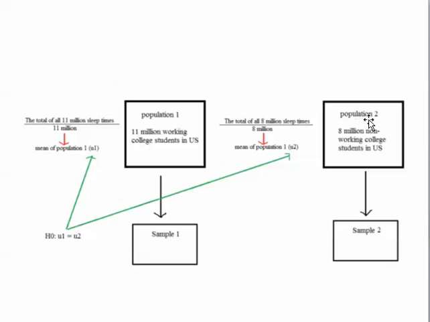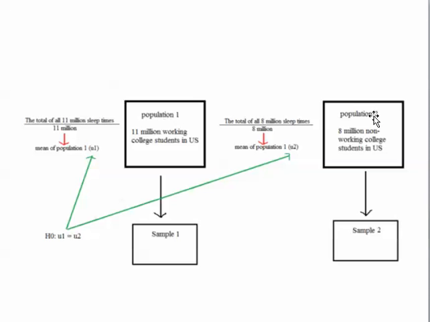To get the mean of population 2, the researcher would have to collect data from 8 million people. And it's very hard to collect data from that many people. And even if all of this data could be collected, the calculations would be very difficult to do.